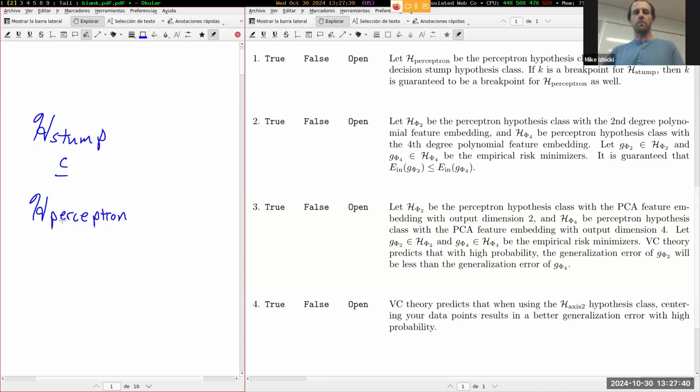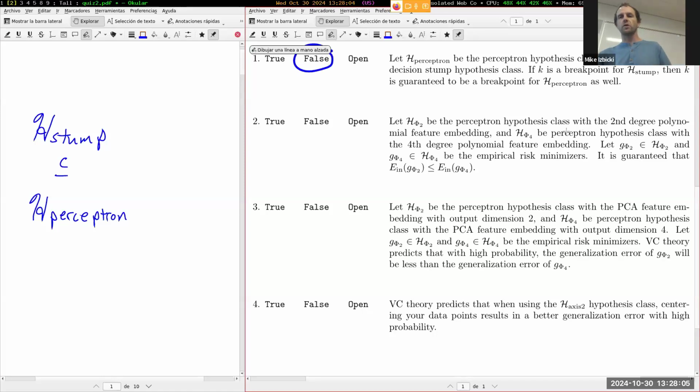But the perceptron being a larger hypothesis class, it could potentially shatter things that the stump hypothesis class might not shatter. Not guaranteed to, but it could, and in many situations it will shatter things that are not part of the H stump hypothesis class. And so this direction right here is false as written.